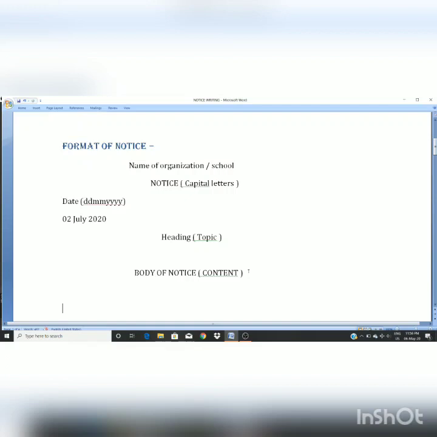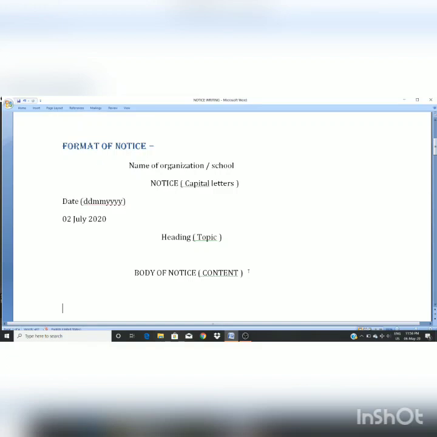Then you will leave a line on your copy. After that, you will write NOTICE in capital letters. This part of the format is compulsory and it will be the same in all notices.